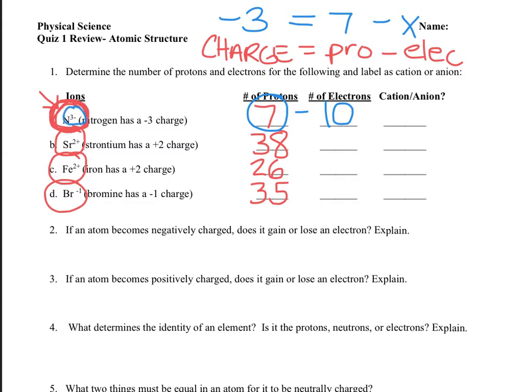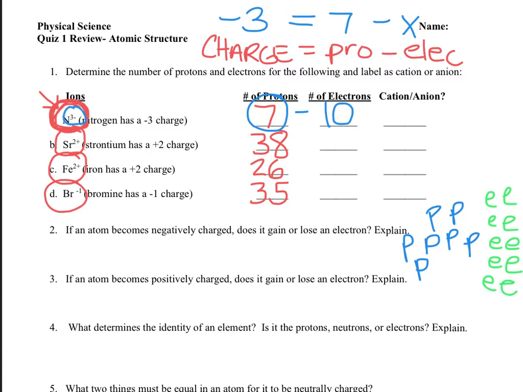Here's another way to think about it. Let's do a little side note here. Say there are 1, 2, 3, 4, 5, 6, 7 protons in nitrogen, and let's say there are 10 electrons: 1, 2, 3, 4, 5, 6, 7, 8, 9, 10. The question is, why is it a -3 charge overall when you gain electrons? Why does it get negative? Well, remember that a proton and electron cancel out.